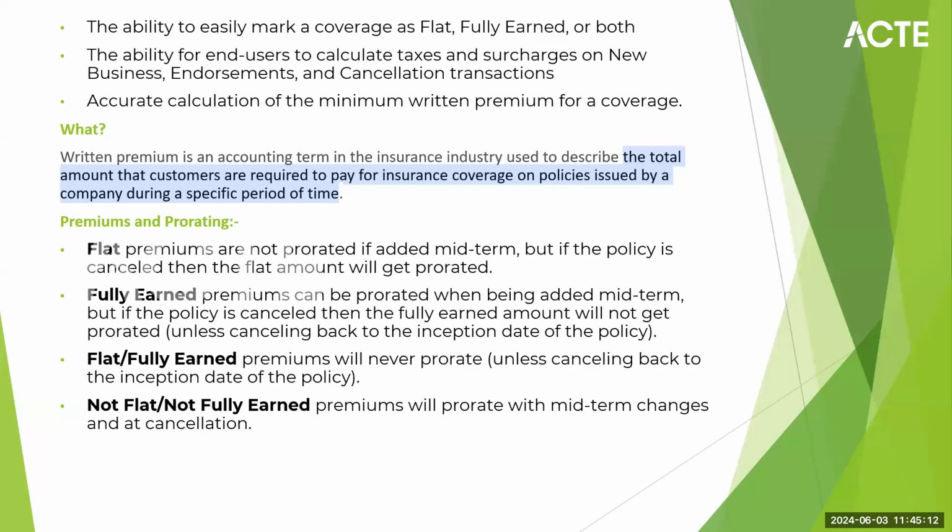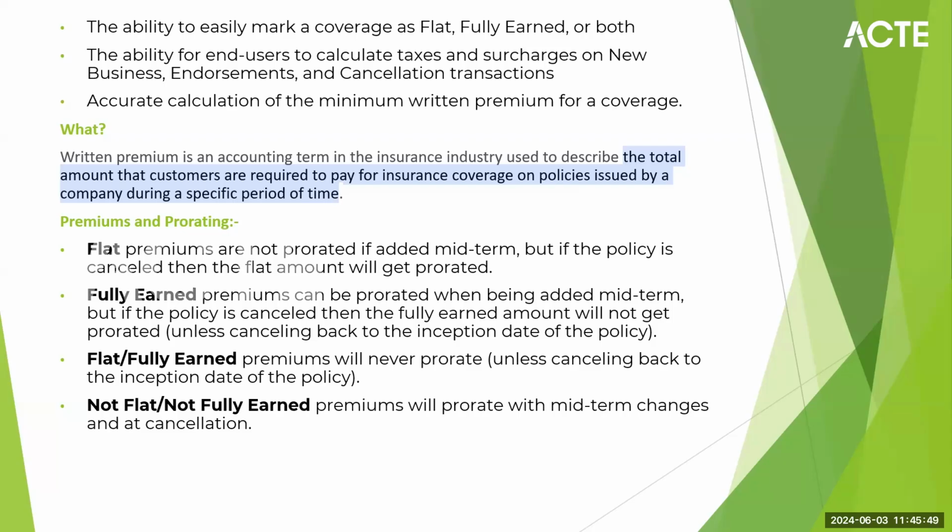Suppose the customer has taken the policy for 1 year. Now the customer wants to cancel the particular insurance after 6 months. Still 6 months are remaining, so the premium for those 6 months has not been used by the customer.